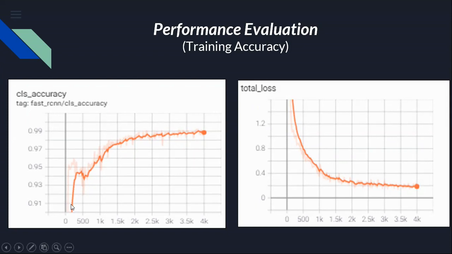So on the x-axis, we have cycles or iterations, which we set in the code to 4,000. And the y-axis indicates the accuracy in percentage, or we can just multiply by 100 to get the percentages. So let's see when the model is in the training stages.